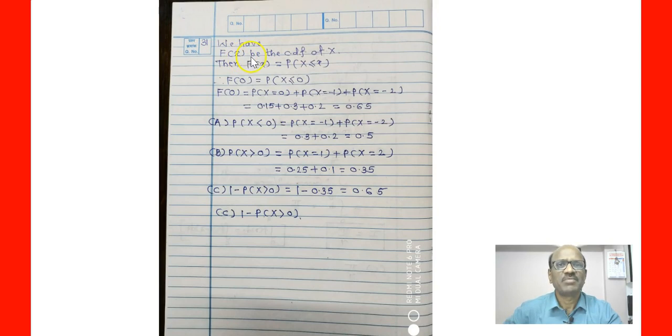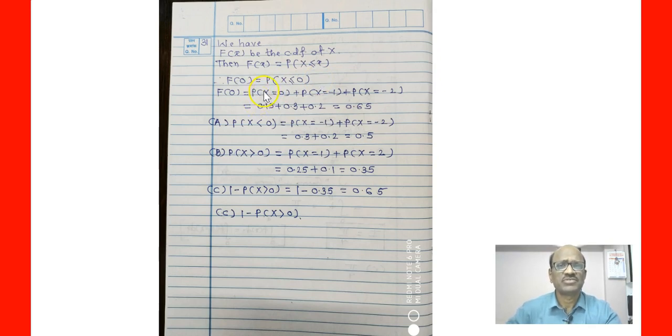If capital F of x is the cumulative distribution function of X, it is written that capital F of x is equal to the probability of capital X less than or equal to small x. Then we want F of 0, that is the probability of capital X less than or equal to 0. Then what will be the values?